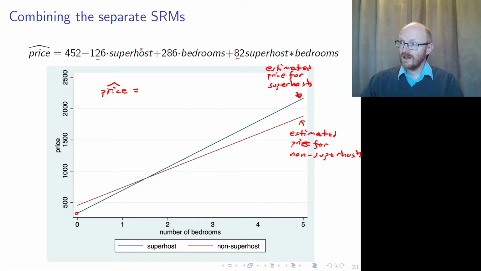The superhost variable here is 1, so we get 452 minus 126 plus 286 times bedrooms plus 82 times the interaction term, superhost times bedrooms.